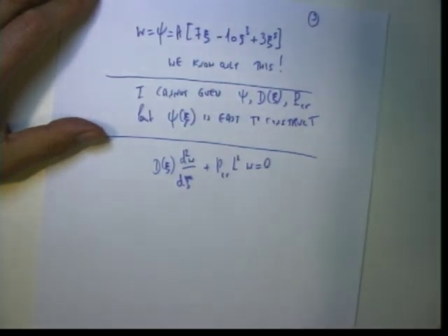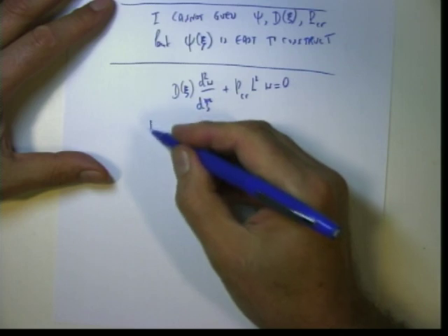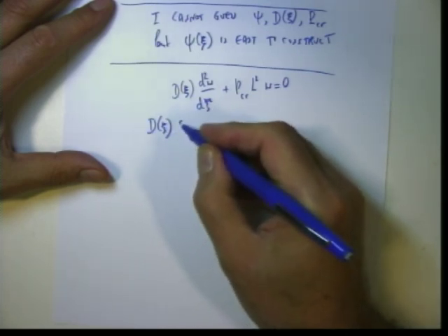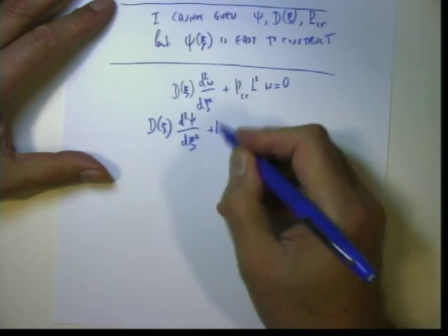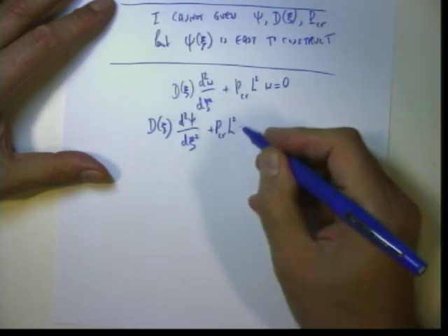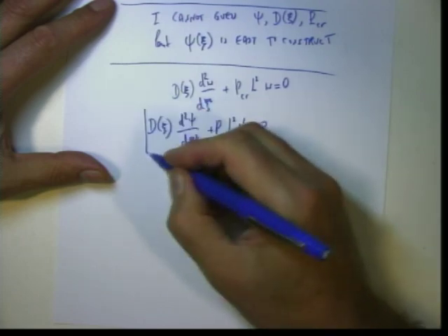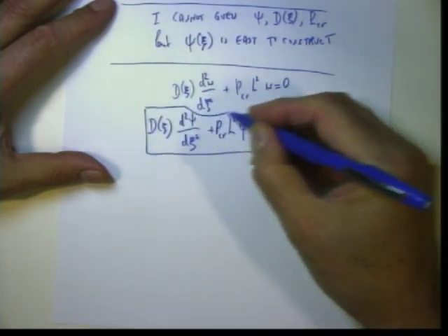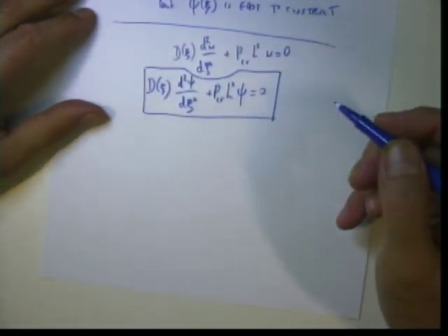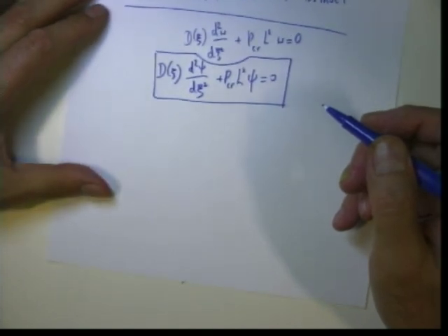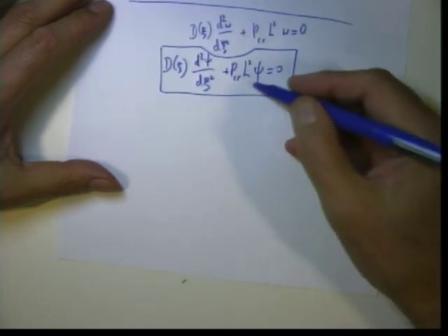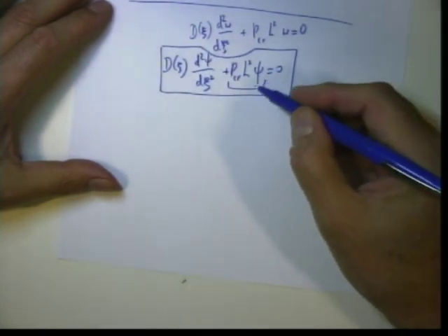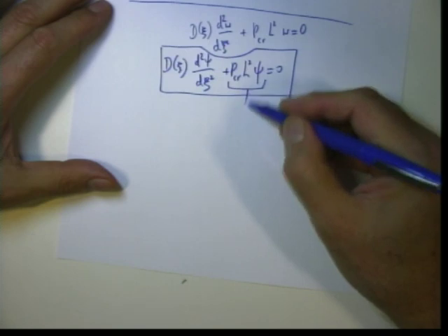So then, because w equals phi, this becomes D of psi, d2 phi d psi squared plus P critical L squared phi equals 0. Now this phi is a fifth order polynomial.